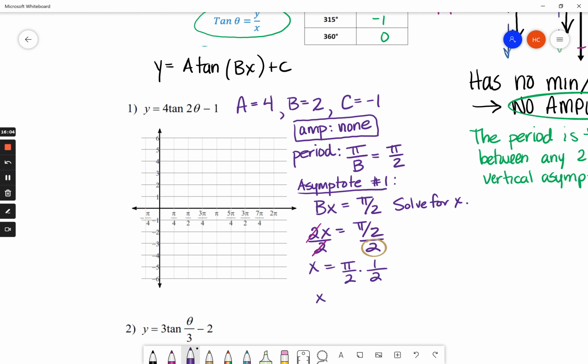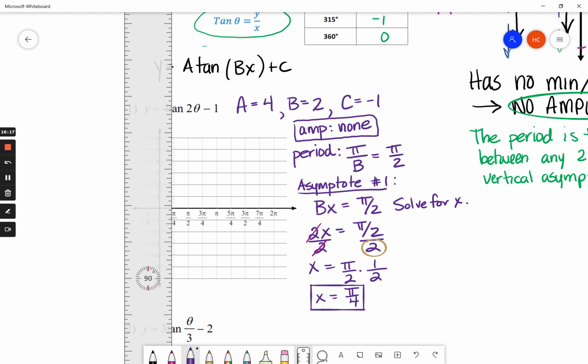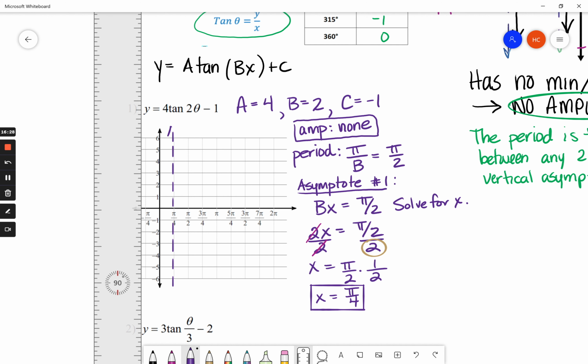So my first asymptote is going to be located at pi over 4. So here is the first asymptote. Let me get my ruler, and let's go to pi over 4. Here I put a dashed line right through pi over 4, and there is my first vertical asymptote.